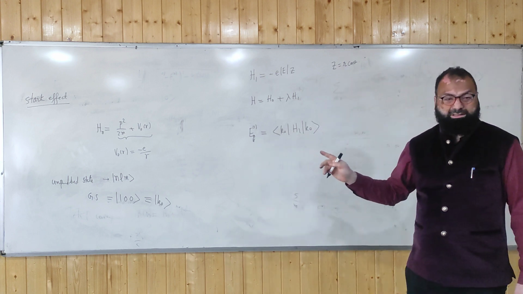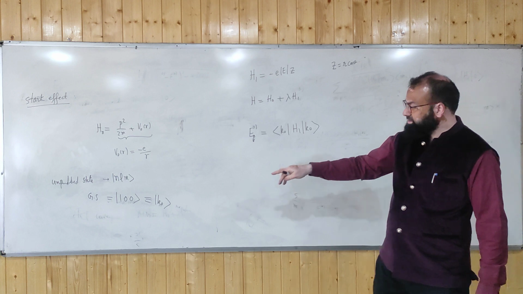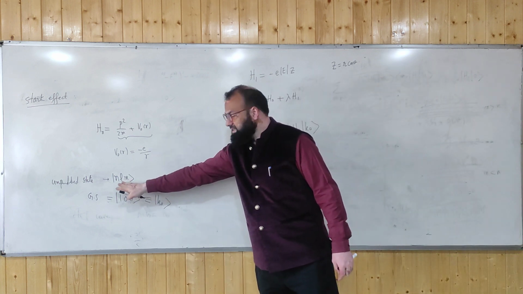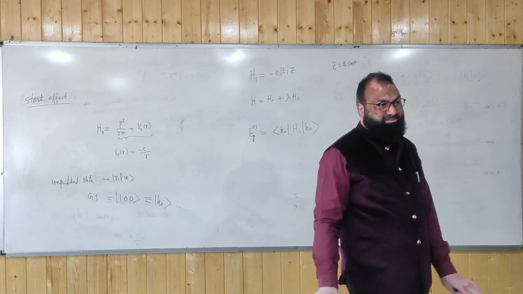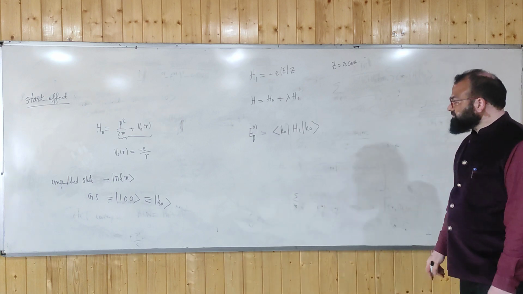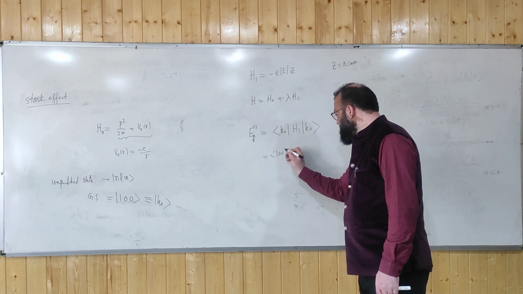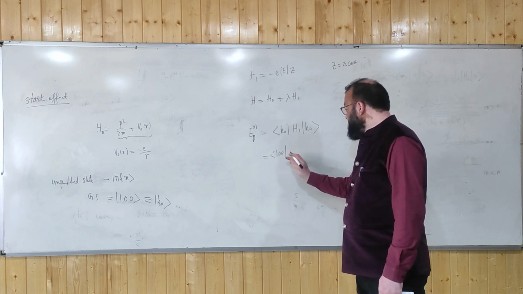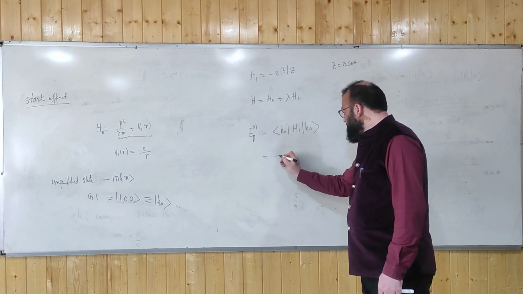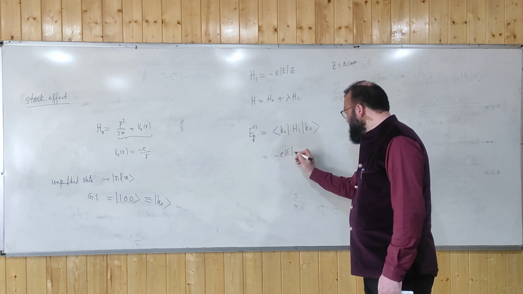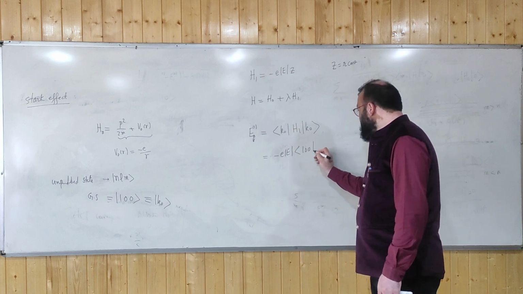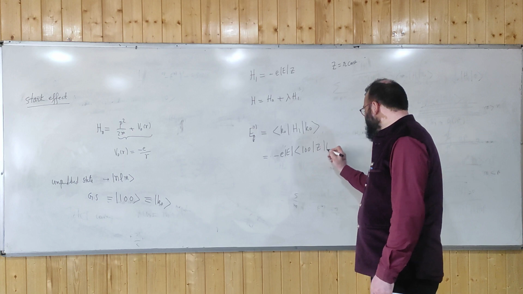I am using K0 just to differentiate between these indices n, l, m. What is our K0? It is 1, 0, 0. So H1 is simply minus magnitude of E, times the matrix element of z between 1, 0, 0.